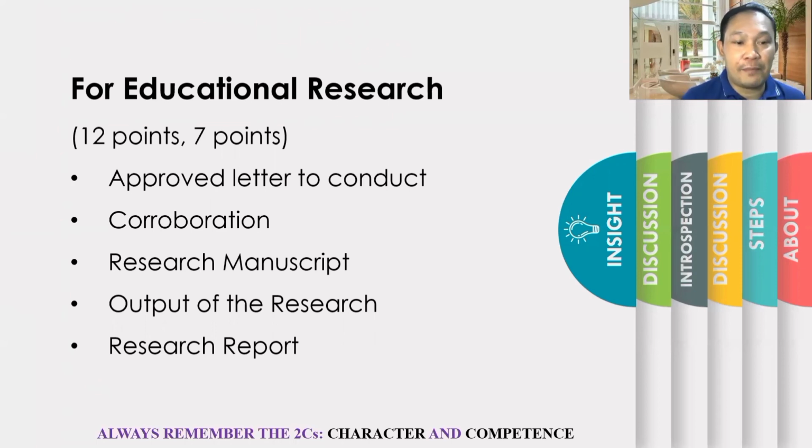The first one is the approved letter to conduct the research paper, the corroboration of your research paper, at least 5 persons who are going to corroborate the research paper, and then the research manuscript itself, the output of the research, you have to provide the narration, and then the research report.